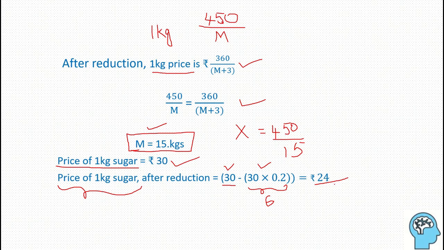So 30 minus 6 is 24 rupees. So the price of 1 kg of sugar after reduction will be 24, and the original price is 30 rupees.